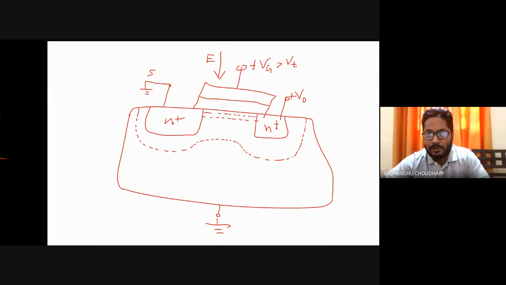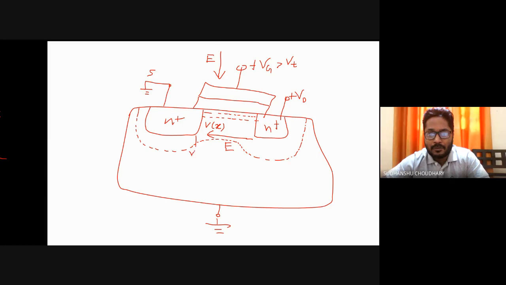So when you are applying a VDS, that means you are also applying an electric field, which is originating from drain and terminating at source terminal. So you have another electric field, which is the horizontal electric field. Now Vx, that is the channel potential, is varying, and it is 0 at this point.